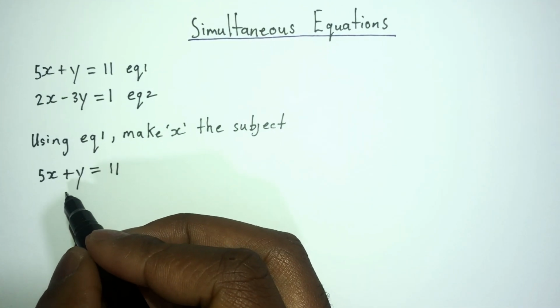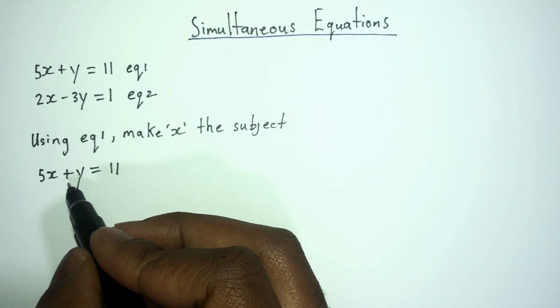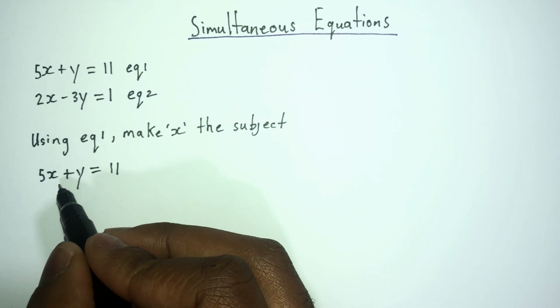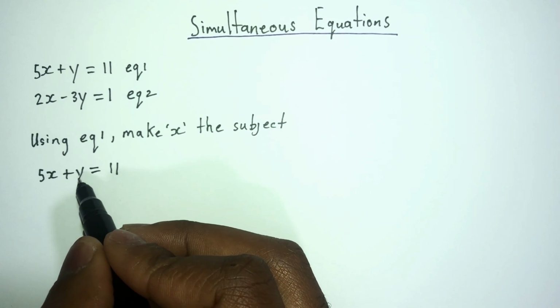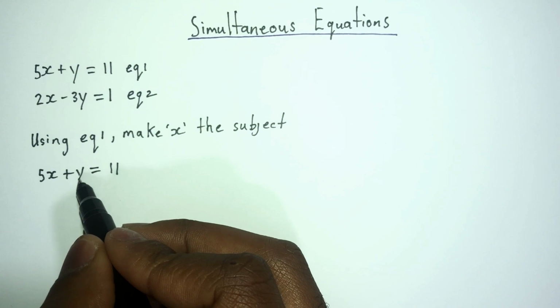First things first, we want to remove the y from this side. So we can see that y is being added. So therefore, we'll have to do the opposite of addition to remove the y. So we'll have to subtract y.